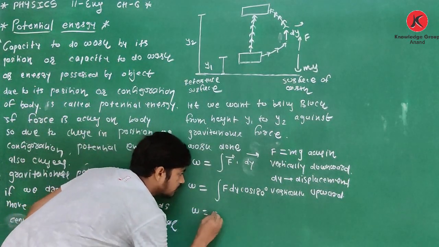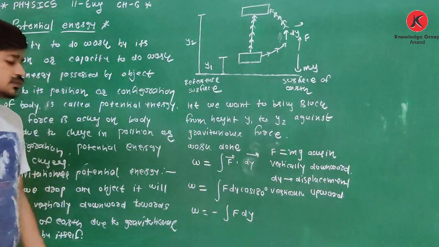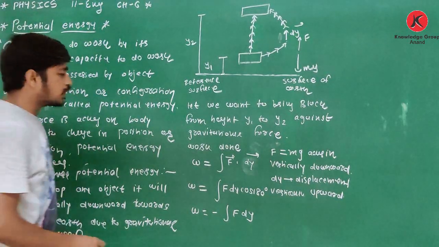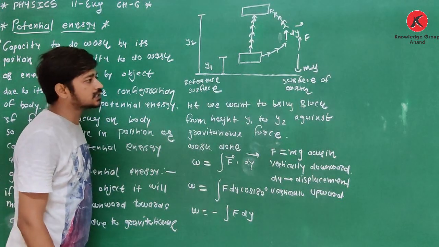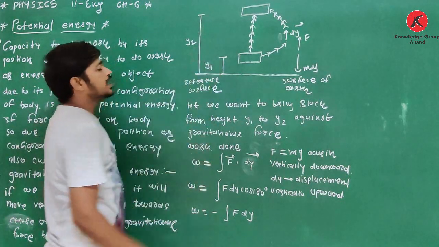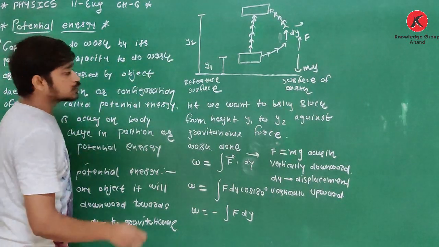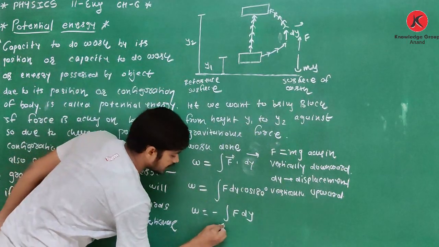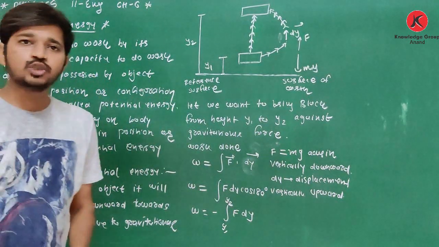So W is equal to minus the integration of F dy. Now integration is with respect to y. And what is y? y1 is the initial height of the block from the surface of Earth, y2 is the final height of the block from the surface. So as we want to bring the block from height y1 to y2, here we have to put the limits y1 to y2.